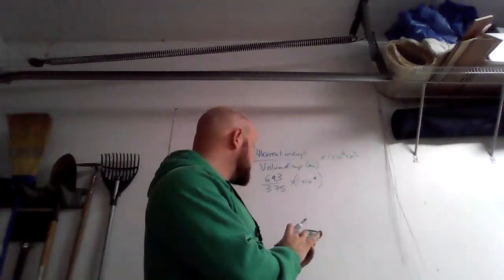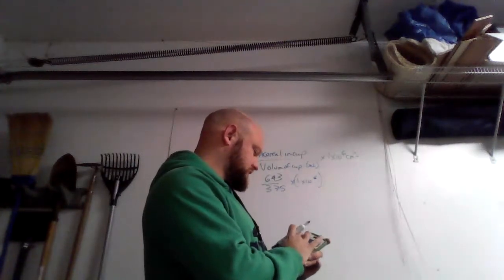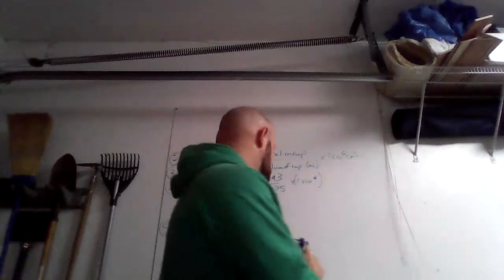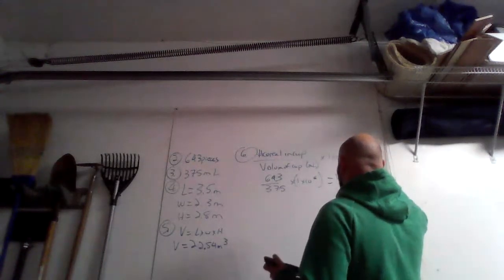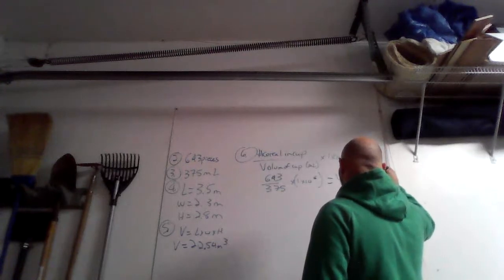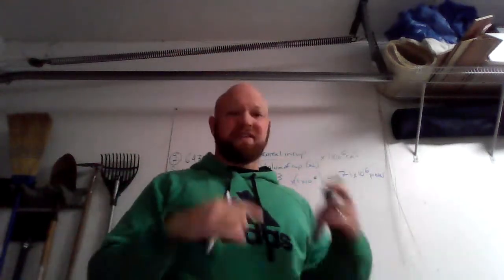So 643 divided by 375 times 1 times 10 to the 6th. I'm going to get 1.71 times 10 to the 6th pieces of cereal. Is that a big number? Absolutely. Think of how small cereal is and think of how many just fit in that little cup that you measured versus a meter cubed.